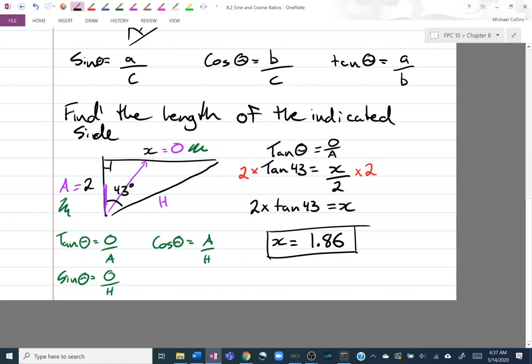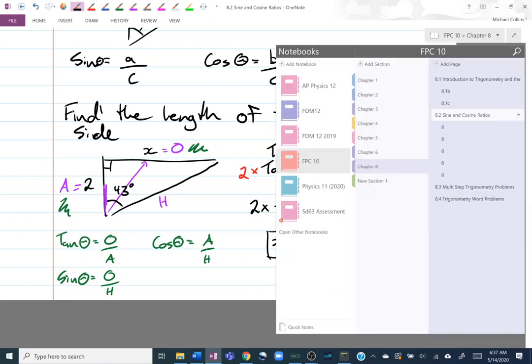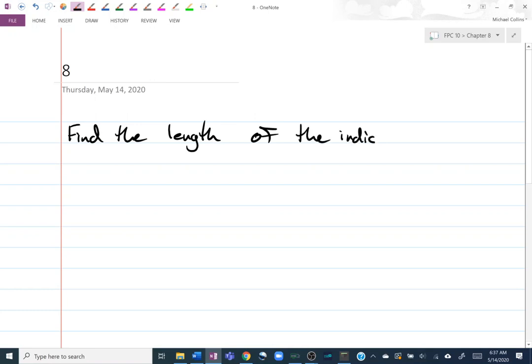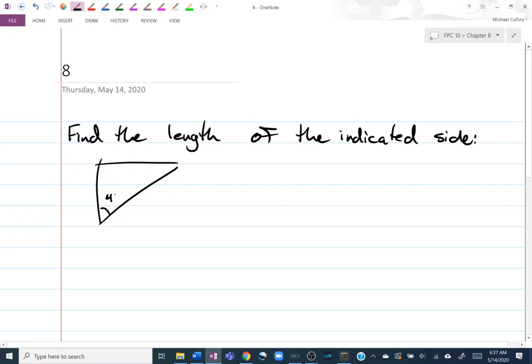Let's try a couple more. We're just still going to look at finding the length of the indicated side. Quick triangle. Let's call this a 42.